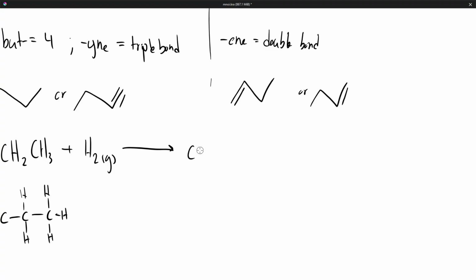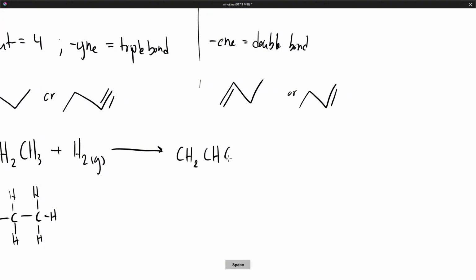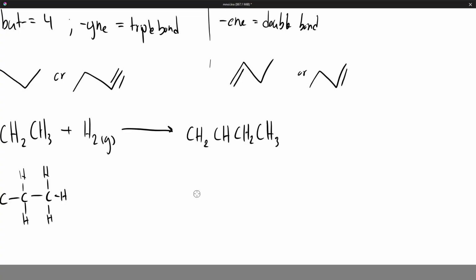It's CH2 to CH to CH2 CH3. Pretty sure that's how it's done. Well, let's just verify by doing a Lewis dot structure.